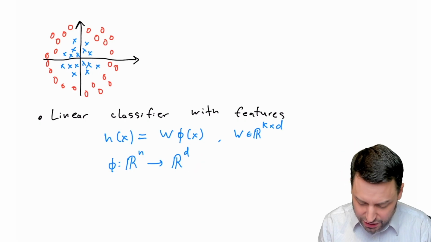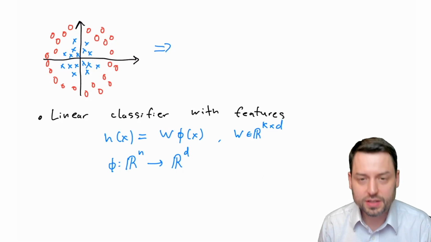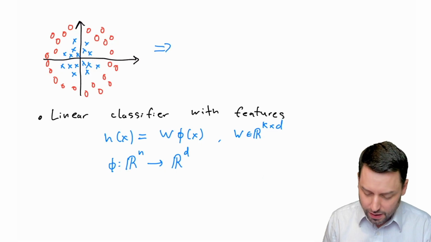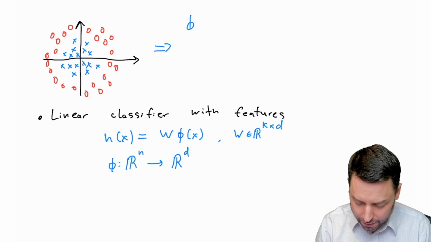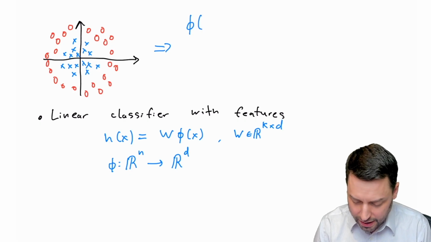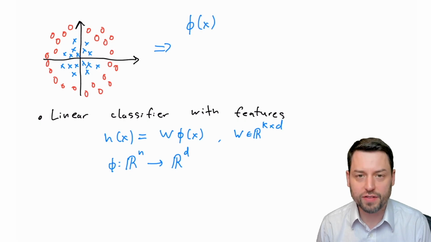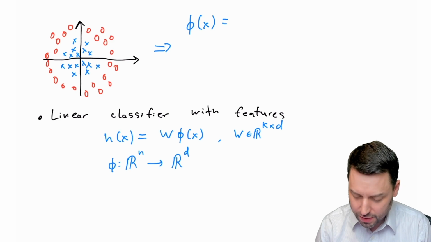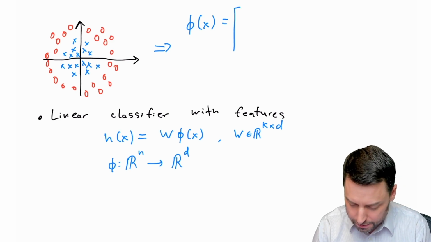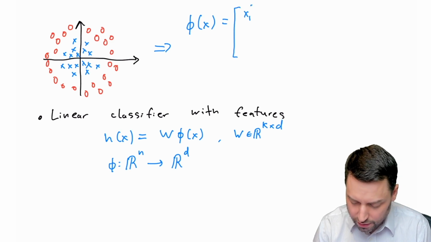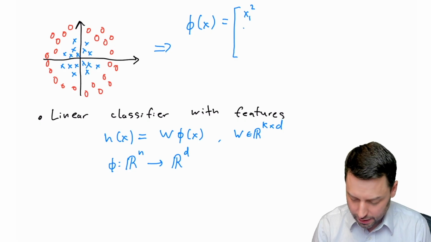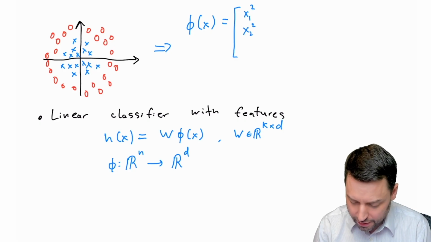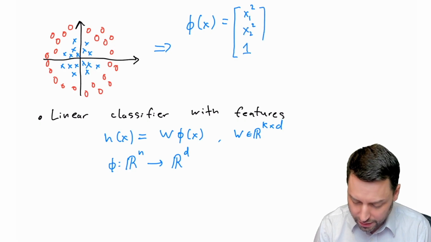So let me actually talk about one such set of features. The example I'm going to talk about is I'm going to define my features of x for this example to be equal to x1 squared, x2 squared, and the constant 1.